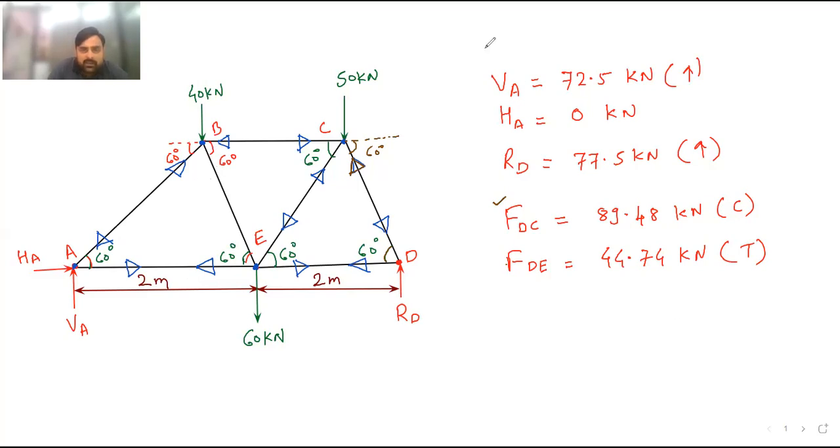So now we can see the free body diagram of this much of portion. See here, I will draw it. This is the free body diagram of this joint B. You can see 40 kilonewton load is acting. And then this member, compressive force is there from BC.